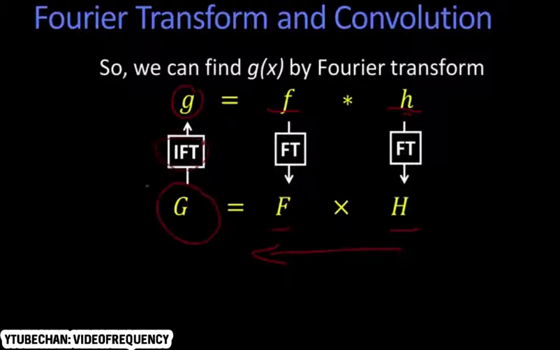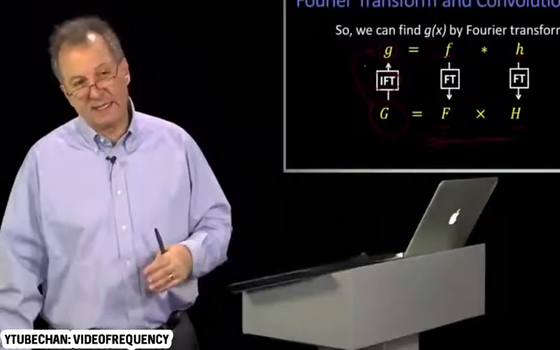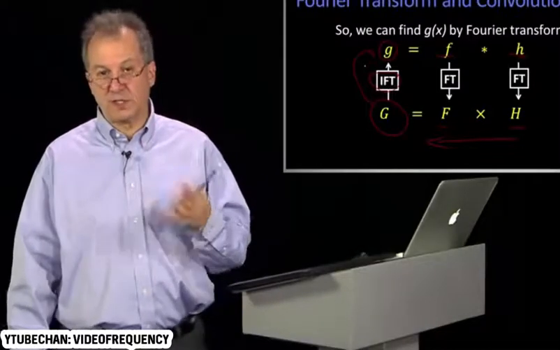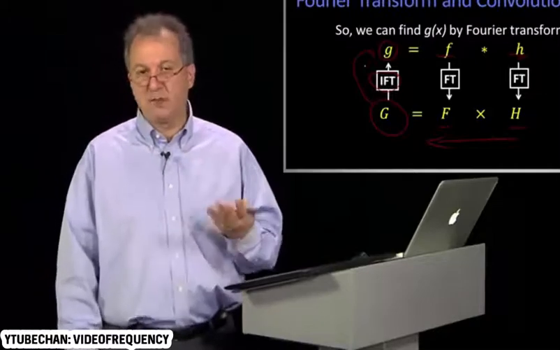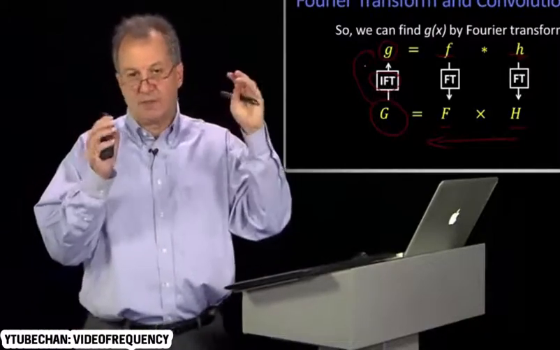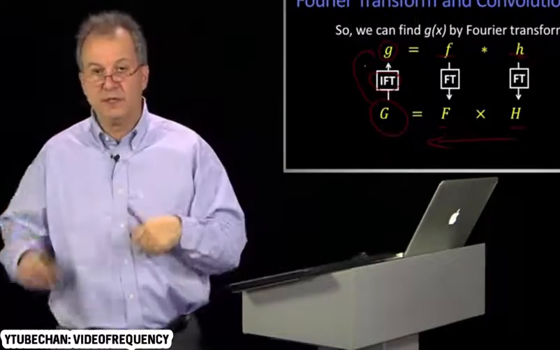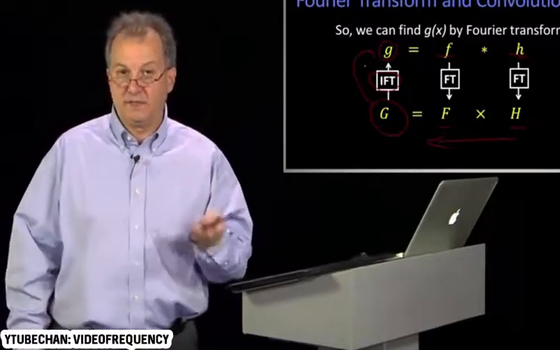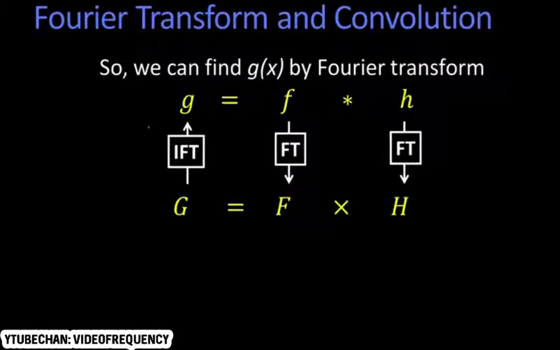And then I can do the inverse Fourier transform to get back the answer. Like I said, this was really important when machines were slower. These days, people tend to work in the spatial domain. But even today, if you have a large mask or some large function you're trying to convolve against a large image, it's not uncommon to use the Fourier trick to do that.